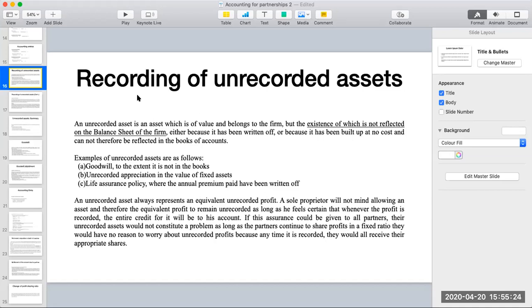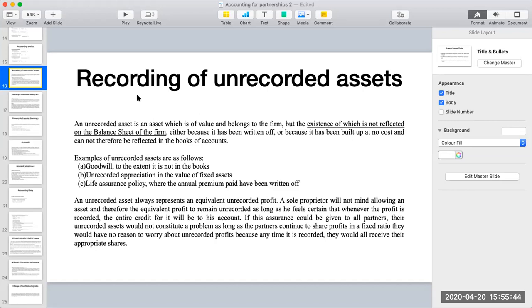So in the second year it is not revalued, therefore there is unrecorded appreciation in the value of fixed assets. And a life insurance policy where the annual premium paid has been written off. So these are some examples of unrecorded assets.